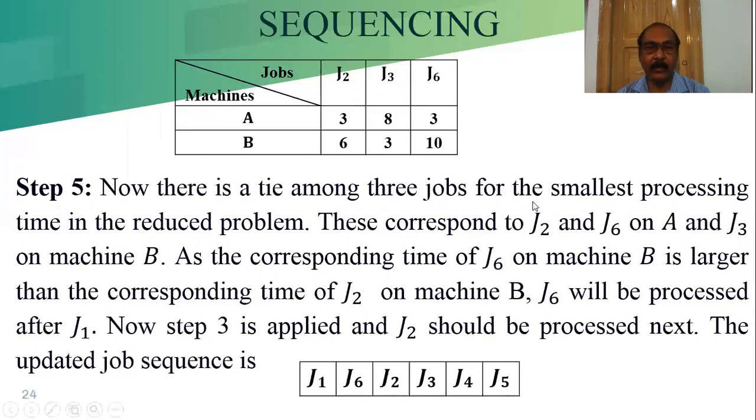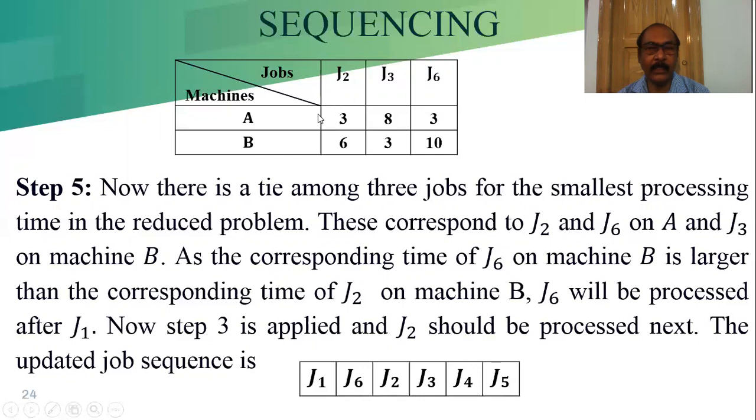If we check on A, among these, 8 is greater. If we check with J3 on machine B, the corresponding time of J6 on machine B is larger.